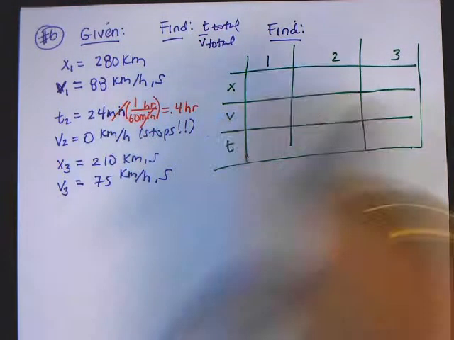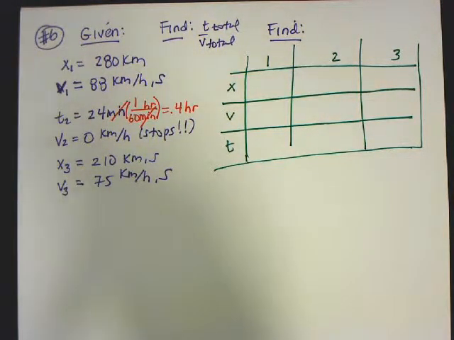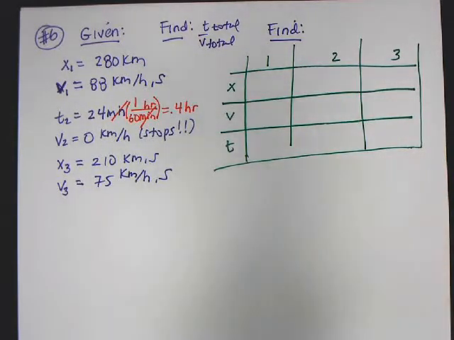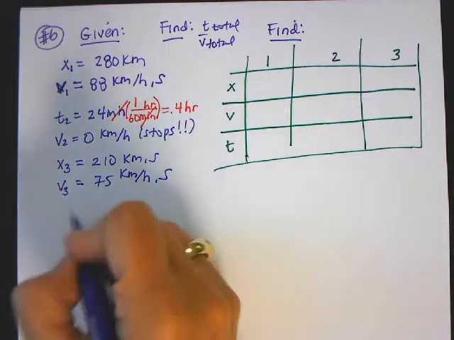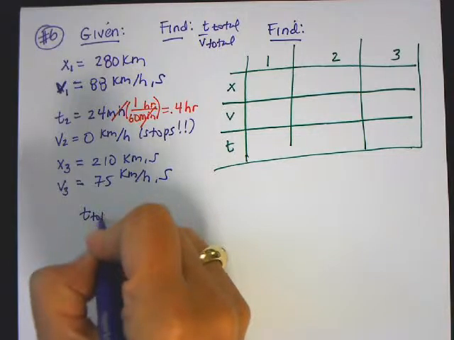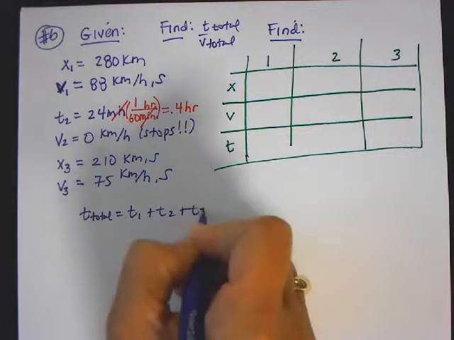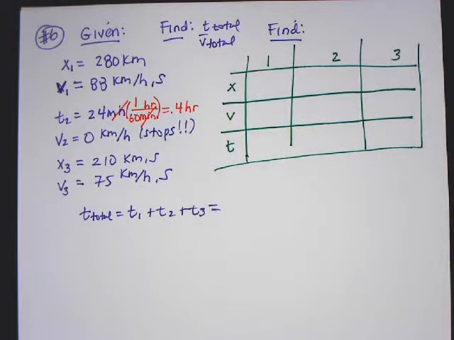So when I look at this, I see that I'm missing things. To find the total time, first you have to find the time for each interval. I need to find the time for 1, 2, and 3, and I add them up, and I'll get the total time. So to get the total time, T total, if I have T1 plus T2 plus T3, I'll have my answer and I'll be done.